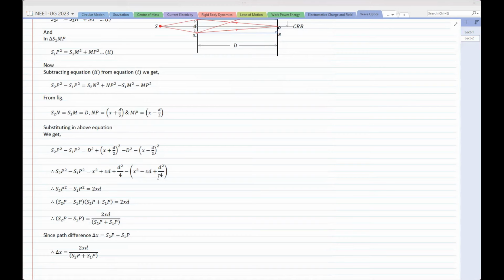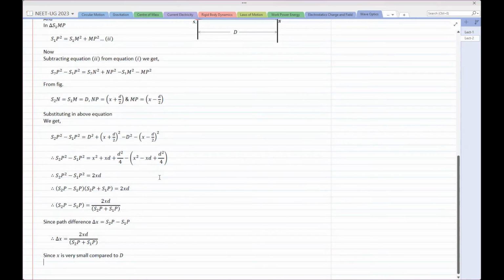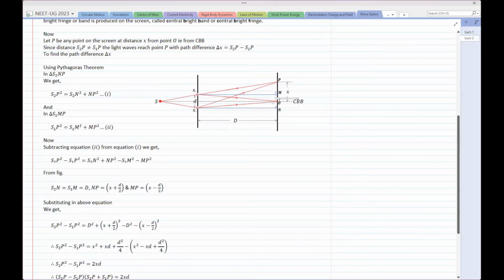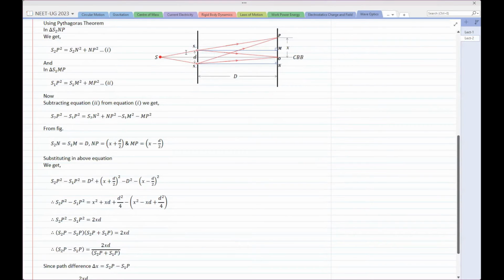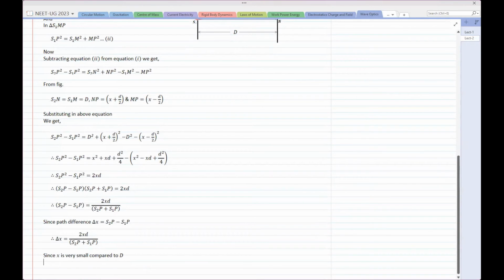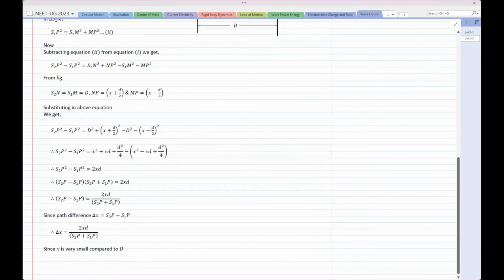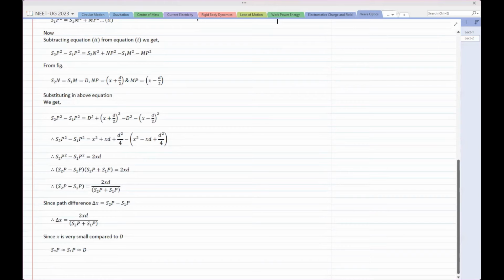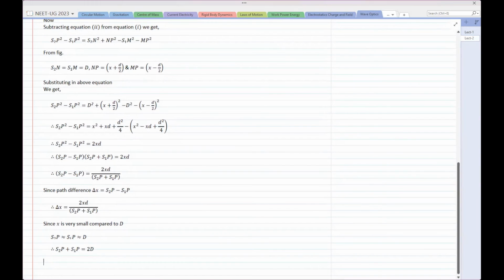If x is very small compared to D, generally x is a few millimeters at most, while D is in meters, then S2P is almost equal to S1P, which is almost equal to D. So S2P plus S1P is almost equal to 2D.